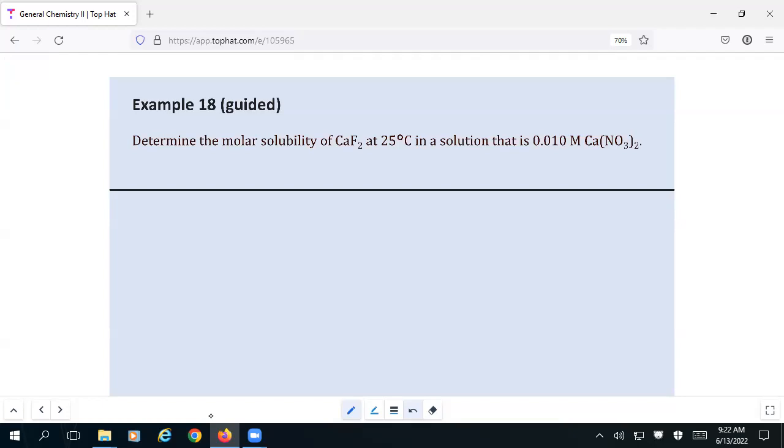So let's take a look at that in action. What is the molar solubility of calcium fluoride at 25 Celsius in a solution that is 0.01 molar calcium nitrate?